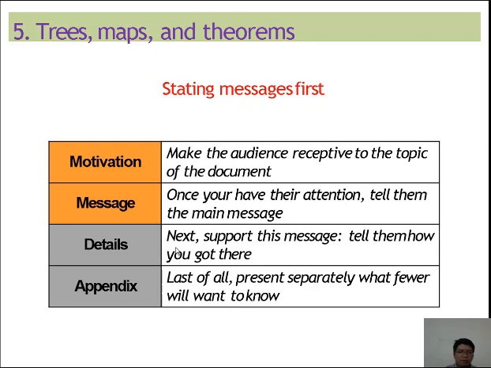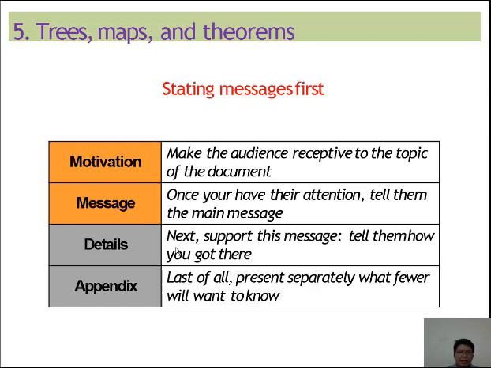Motivation and message are very important, because motivation makes the audience receptive to the topic of the document. If they are not motivated to learn more, they will not pay any attention. For the message, once you have the audience's attention, tell them the main message.